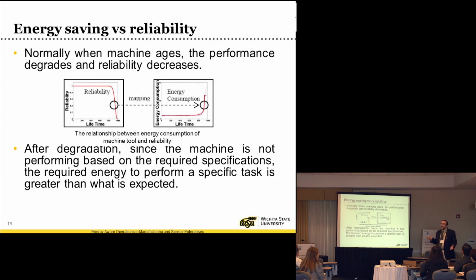Why is that? Because when you turn on and turn off so many times, you put additional load, additional stress on the motors. One needs to characterize reliability versus energy consumption. Where do we stand on that?